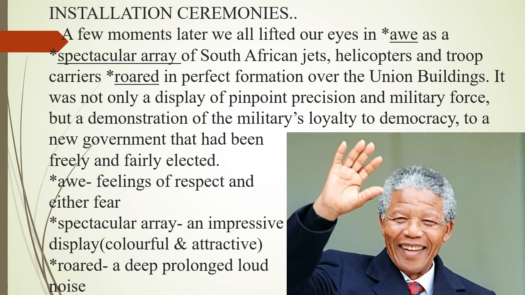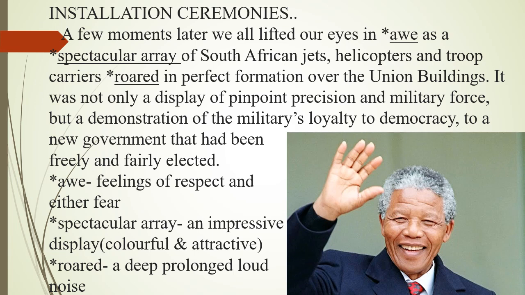That means in this passage, he is describing that after the address of Nelson Mandela, all people's eyes were lifted towards the sky, and there was an impressive display of South African jets, helicopters, and troops doing the perfect formation over the Union Buildings.